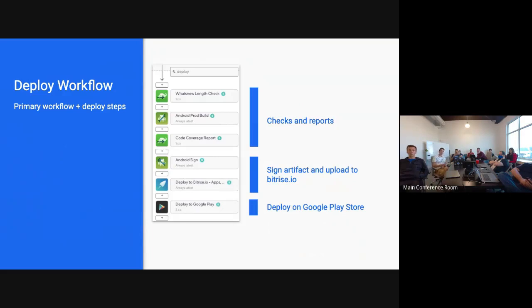Then we generate a report for our test code coverage. Then we sign the application so that we can upload it. And then finally we upload our artifact to Bitrise.io. And the final step is deploying to the Google Play Store. Yeah, I think this is the last.